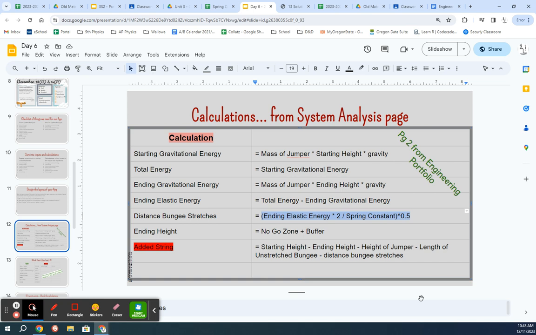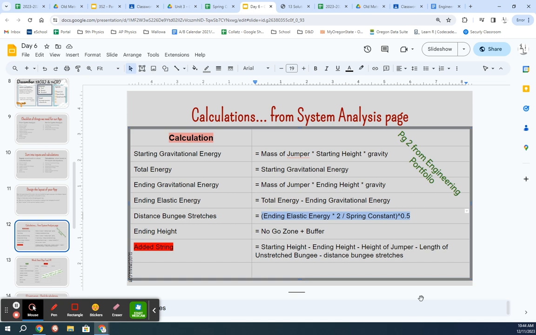So we rearrange things and we get that the ending elastic energy times 2 divided by the spring constant, and if you raise all of that to the 0.5 power, which is the same thing as taking the square root, you'll get the distance the bungee stretches. Again, you don't need to know how to get there. You're just going to need to use that equation.